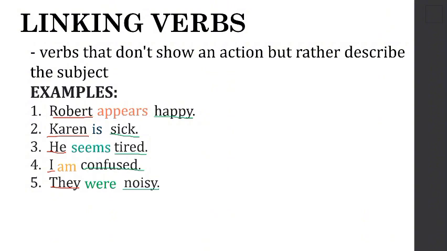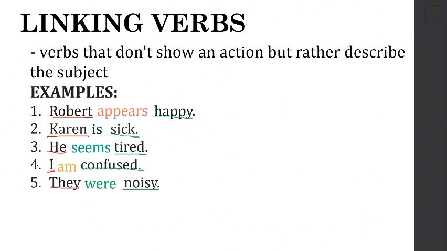I want you to take another tip or trivia that is also included in your module. I hope you're browsing your module as we discuss. Linking verbs can easily be identified from auxiliary verbs if they can be changed into is or are and the thought still counts.